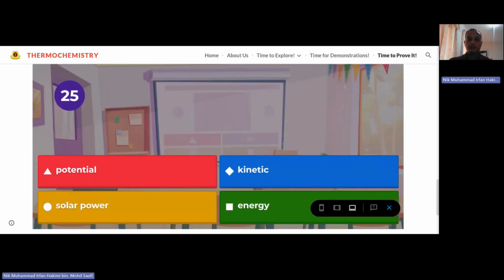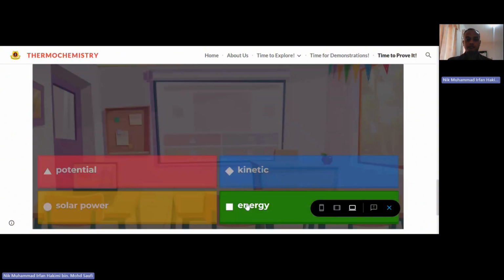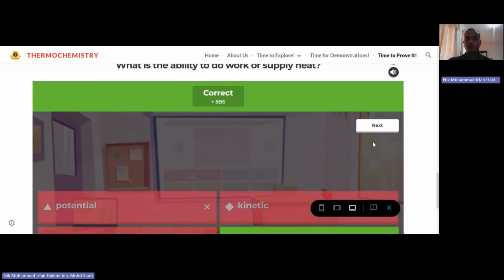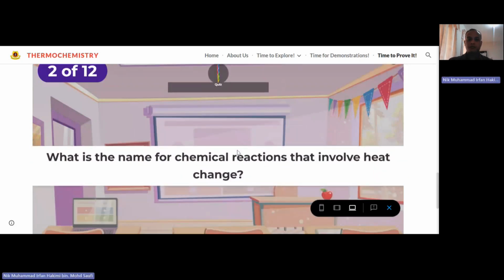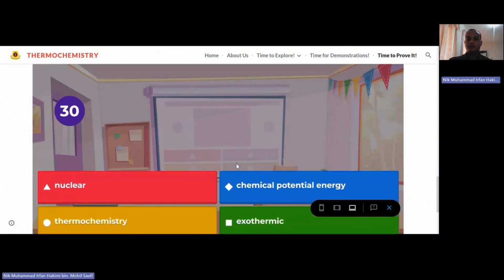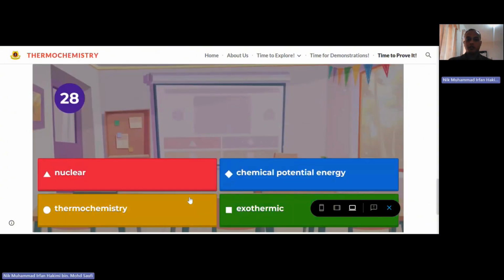The answer is energy. Click next for the next question. What is the name of the chemical reaction that involves? I think the answer is two atoms. Just click enter.